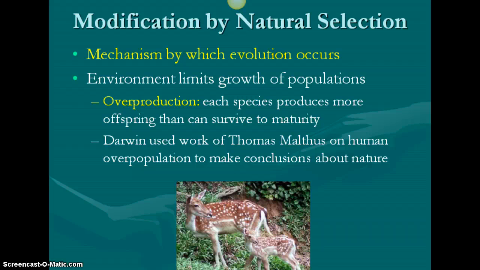And the idea of that is that eventually you're going to see the population kind of level out to a point. It's not going to be able to grow continuously forever and have enough resources for that species to survive. Darwin at the time used work from Thomas Malthus on human overpopulation to show kind of that same idea in nature.